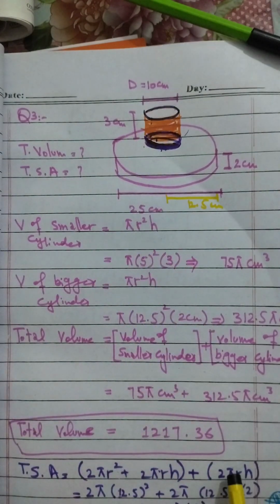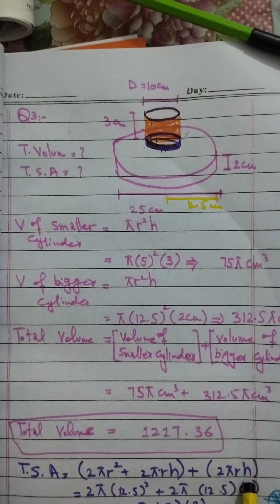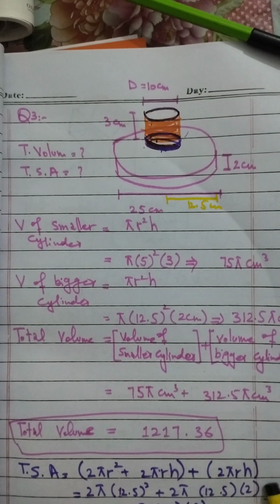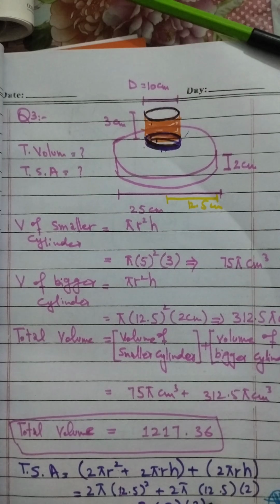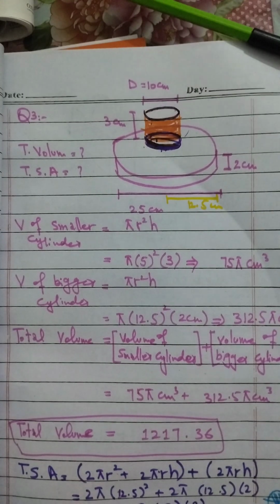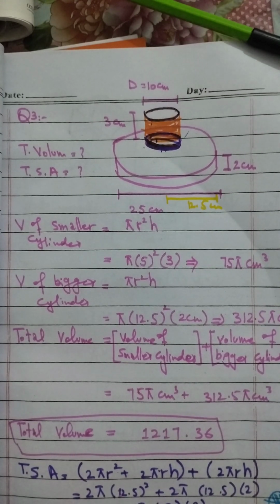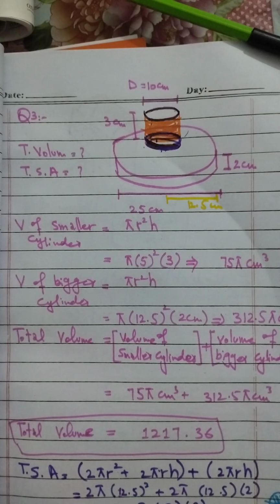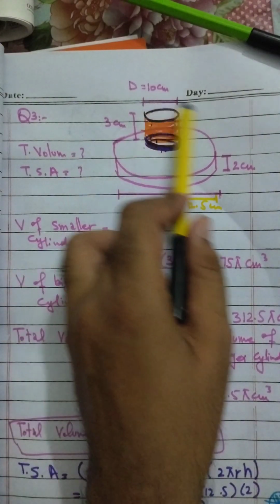So we write here only the 2 pi r h, and we neglect, minus, 2 pi r square from here. Okay, so we'll just put in their values accordingly. When we do so and calculate with the help of the calculator, we get the value of the total surface area of this composite solid.